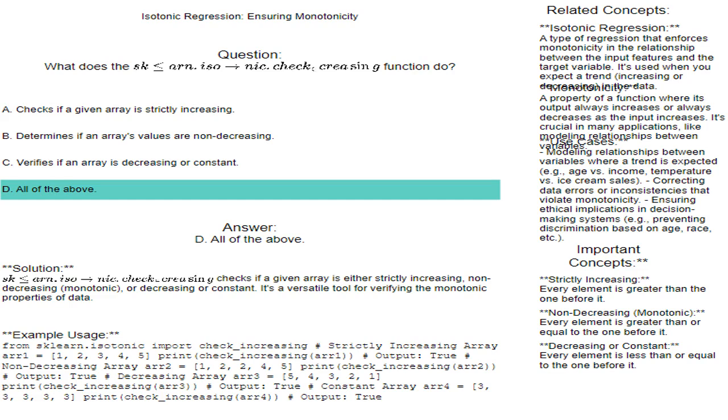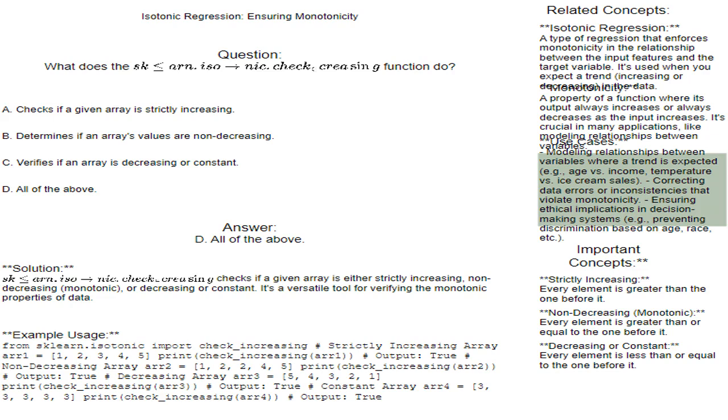Ensuring fair lending practices, where a loan interest rate should not increase as a borrower's credit score improves. Modeling the effect of fertilizer on crop yield, where you would expect yield to increase as the amount of fertilizer applied increases. The check increasing function and the concept of monotonicity have various applications across different fields.